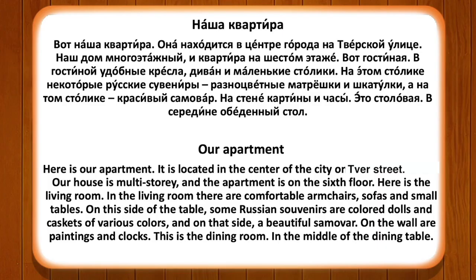Shkatulki. Shkatulka is again a box made of wood, handcrafted, with lots of miniature paintings on it. So these are the two items which are very popular in Russia, Matryoshka and Shkatulka. So, Matryoshki и шкатулки, traditional Russian Matryoshka dolls and wood boxes.